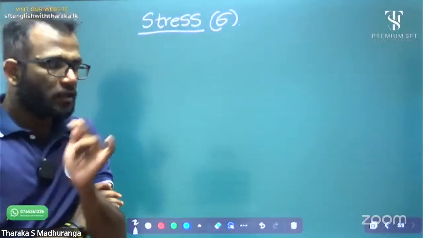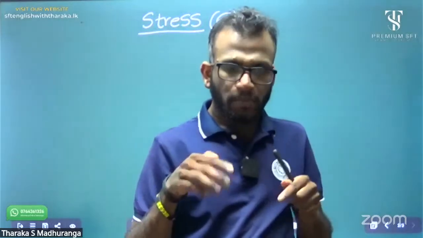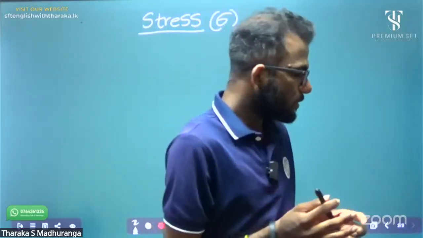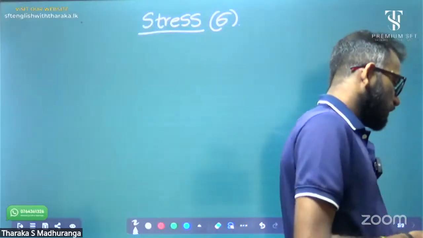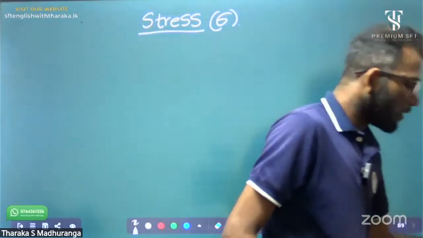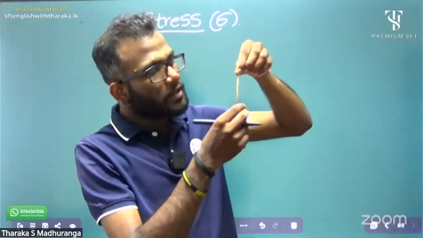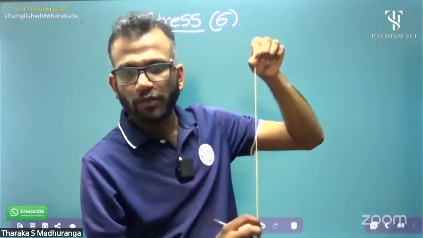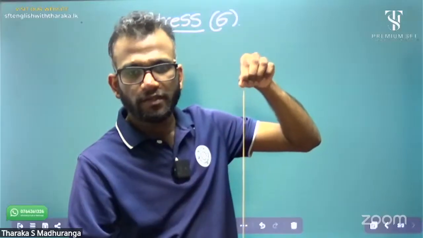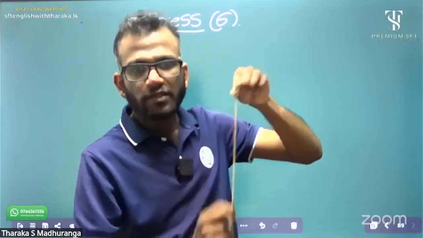Understood? The perpendicular force applied on a unit area of an elastic object we call stress. As an example, now it is a rubber band.